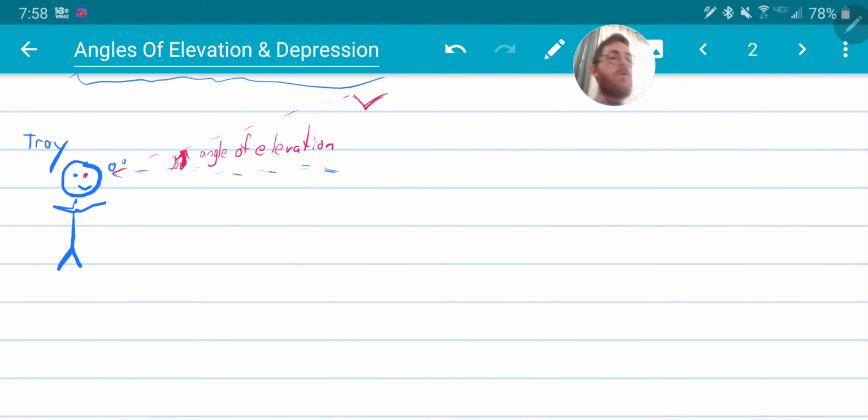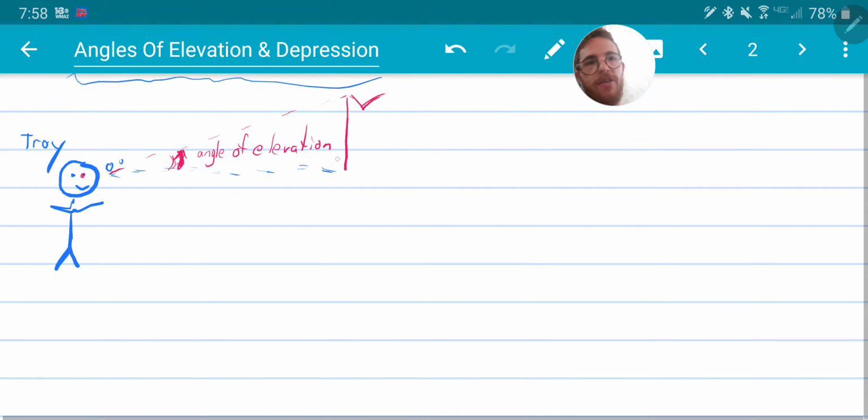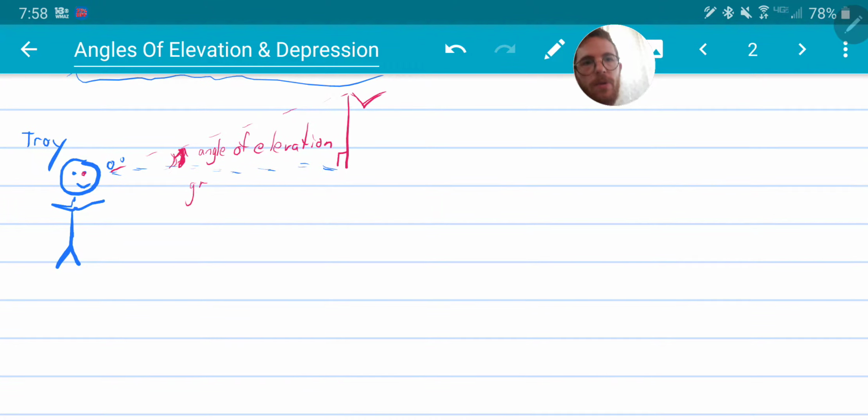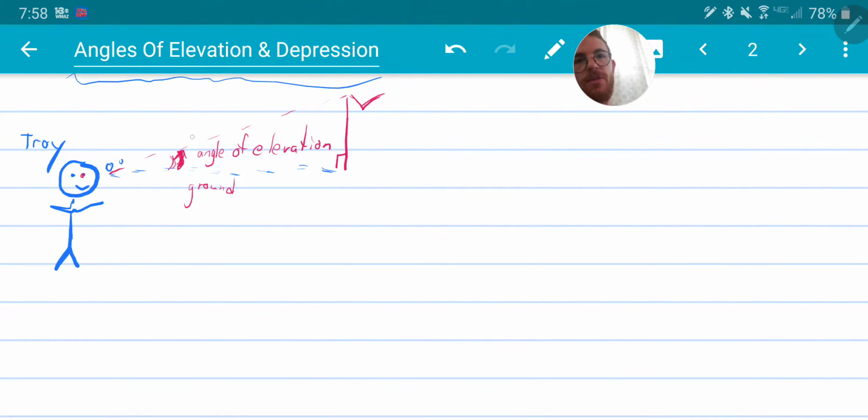And think about what we've been talking about recently with trigonometry. Of course, we could make a right triangle out of this. There's a little right angle. There is a ground distance from Troy to the bird. There is a distance from Troy's eye to the bird up here.